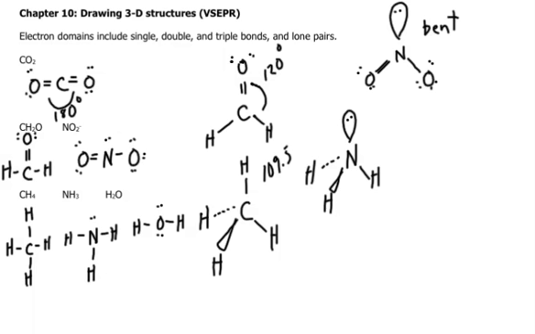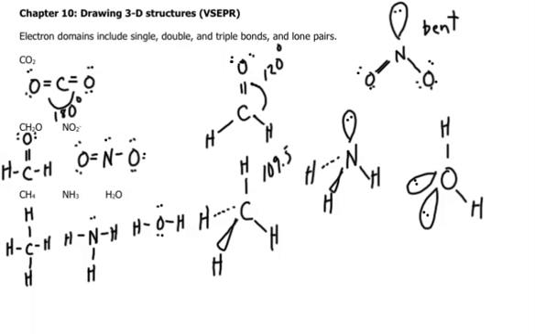H2O, 4 electron domains, 2 single bonds, and 2 lone pairs. And so I'm going to draw it like this. And here is one of the lone pairs that's coming out towards you, and here's the other lone pair which is going away from you.